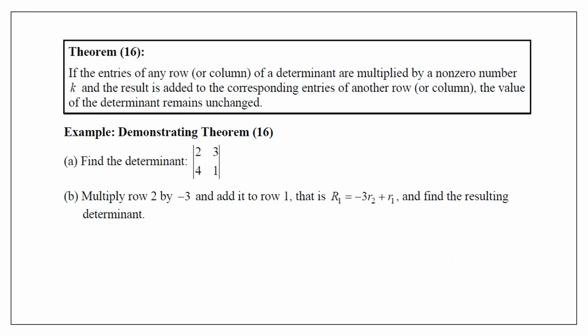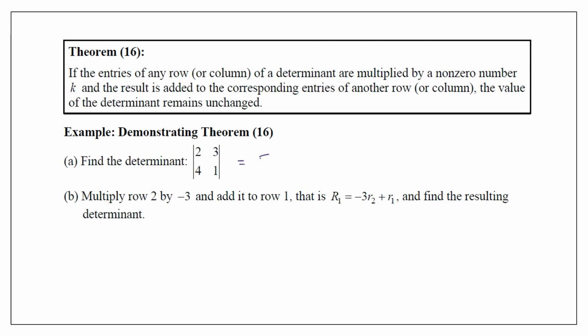All right, and our last property here. If the entries of any row or column of a determinant are multiplied by a non-zero number k, and the result is added to the corresponding entries of another row or column, the value of the determinant remains unchanged. So to prove this property, let's find this determinant and then apply a row operation. Our determinant here is 2, 3, 4, 1.